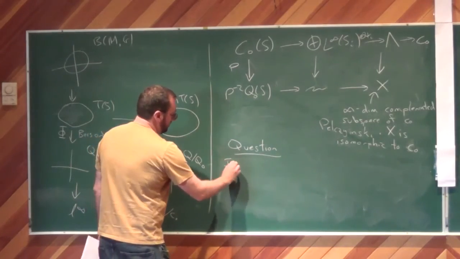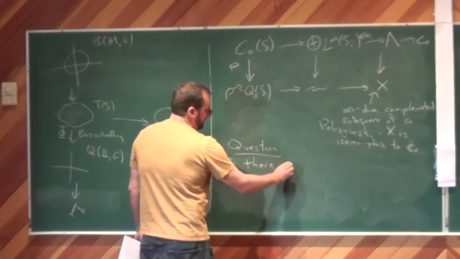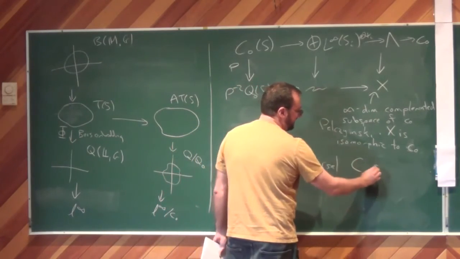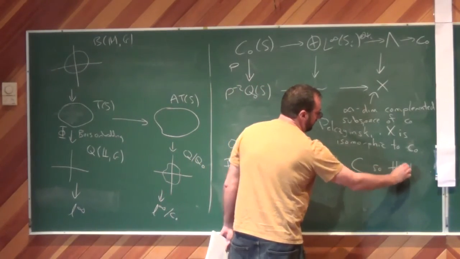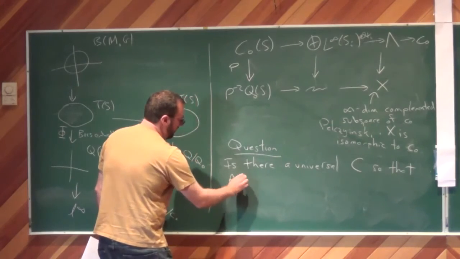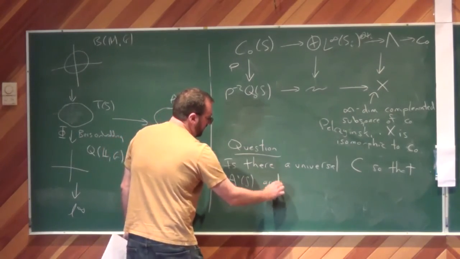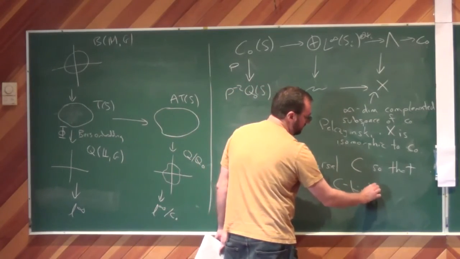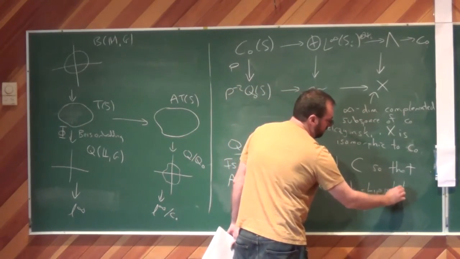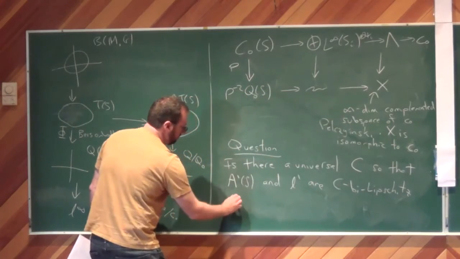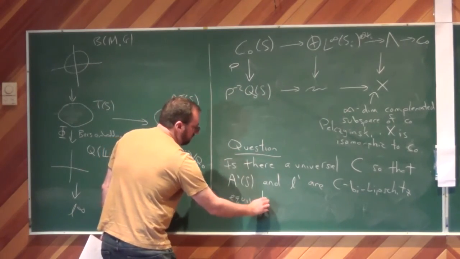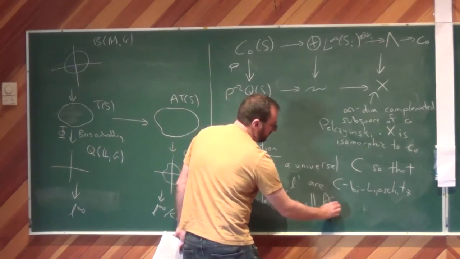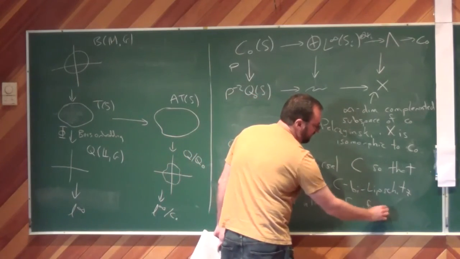So is there a universal constant C so that, for example, A1 of S and little l1 are C bi-Lipschitz equivalent for all Riemann surfaces S of infinite type?